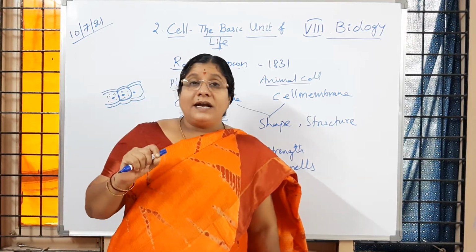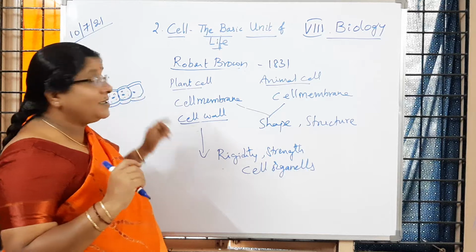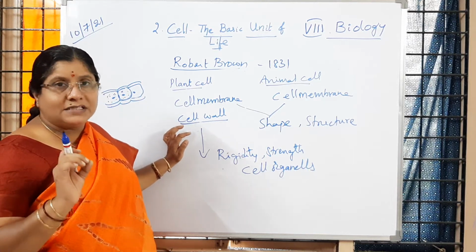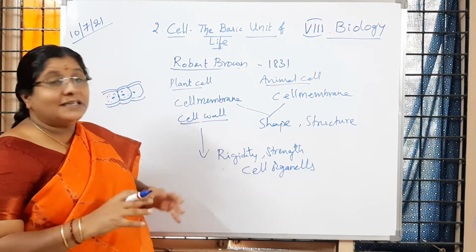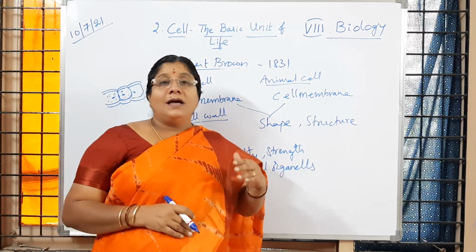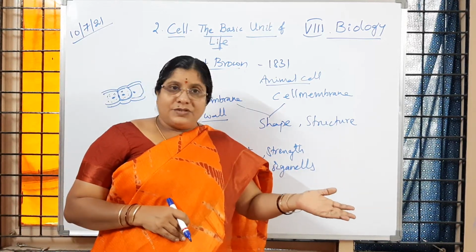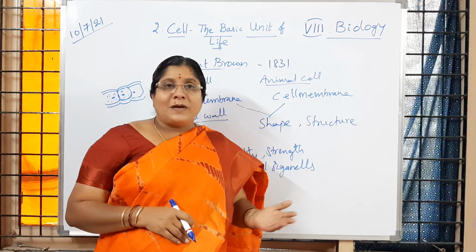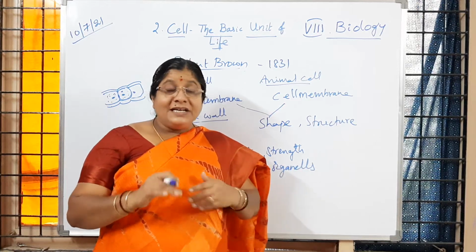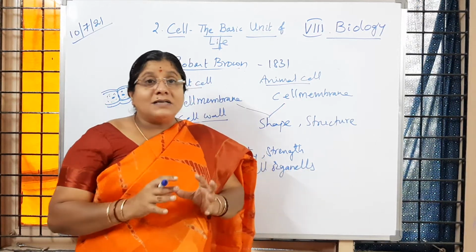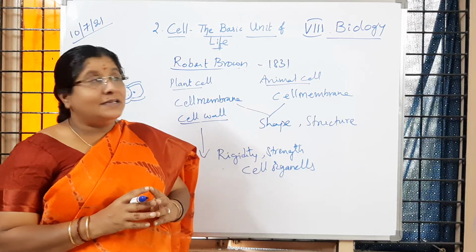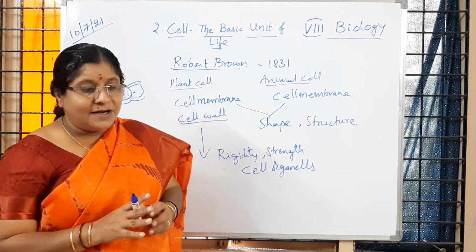Then inside any cell, we can observe a jelly-like fluid which we call cytoplasm, in which cell organelles like the nucleus or chloroplast will be present. In detail, all the parts of the cell you are going to learn in the 9th class. Is it clear to children?